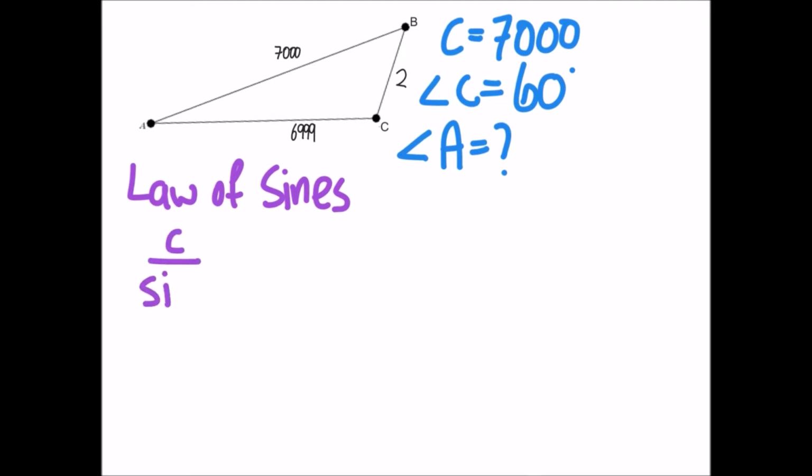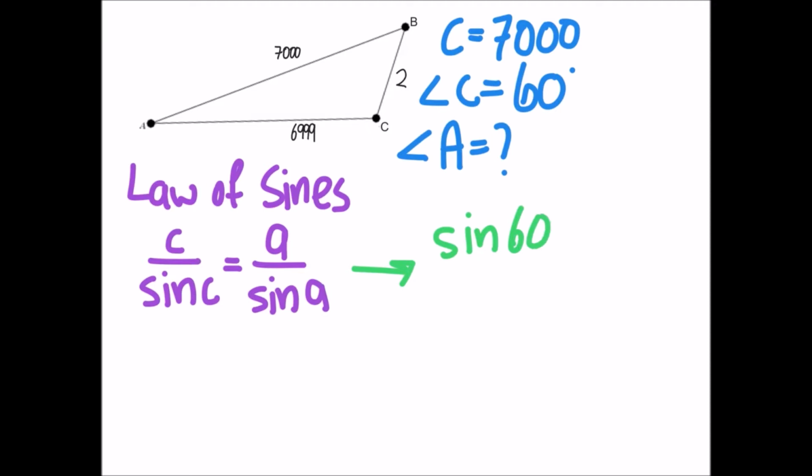For example, c over sine C is equal to a over sine A. Since this can also be used reciprocally, for example, sine C over c is equal to sine A over a. Using this, we can plug in our values and use sine 60 over 7,000 is equal to sine A over 2.